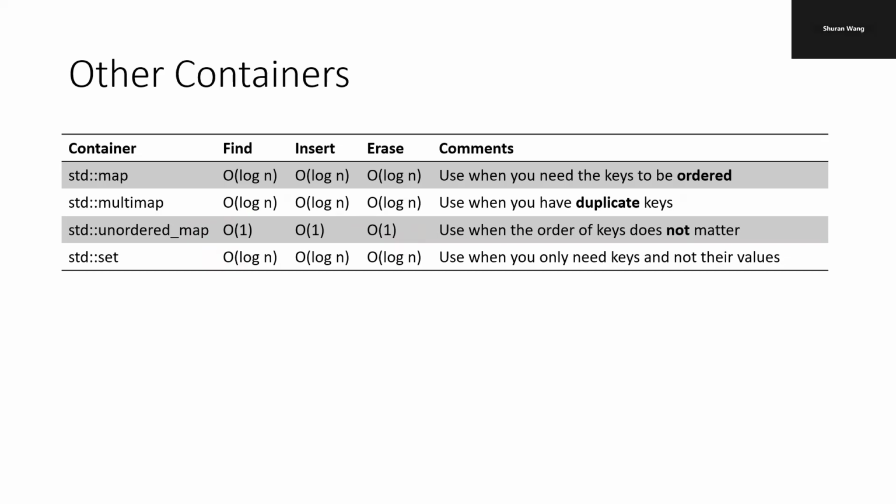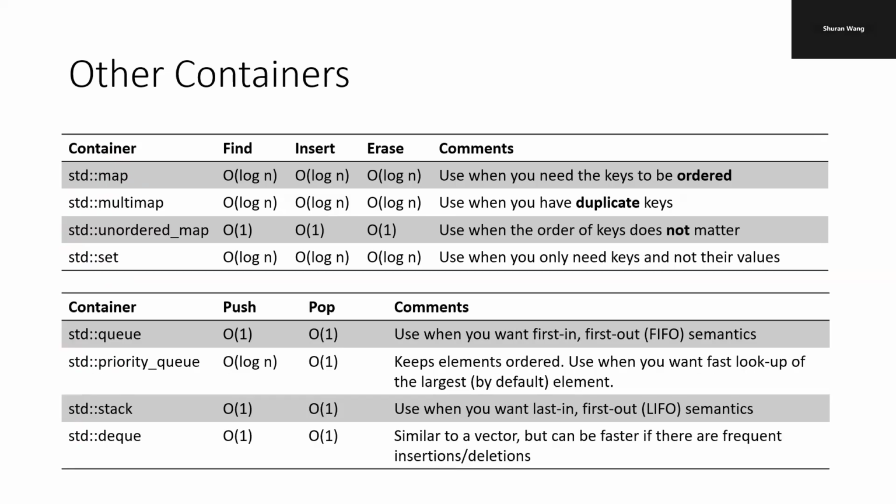Map is really useful when you don't need the elements to be ordered. A set is similar to a map, except sets do not have values. It only has keys. So if you only need keys, not their values, you can use the set. And there are other containers that are not maps or sets. Queue is a 1D container that does first in, first out, by default.